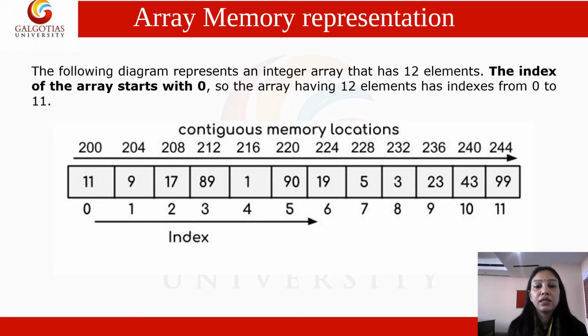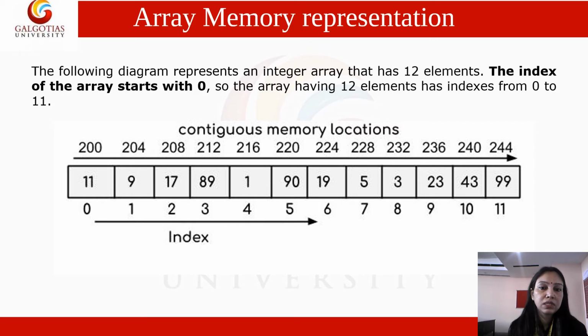So you can see in your memory. And one thing you have to remember, why we have focused on memory representation: arrays contain elements of the same type, and so your elements are stored in contiguous memory allocation.